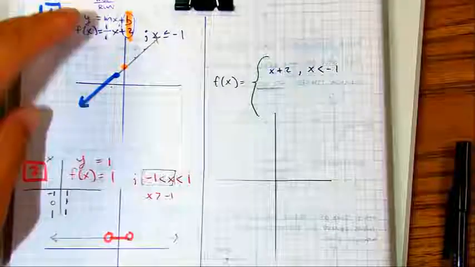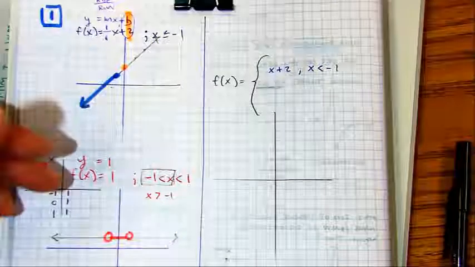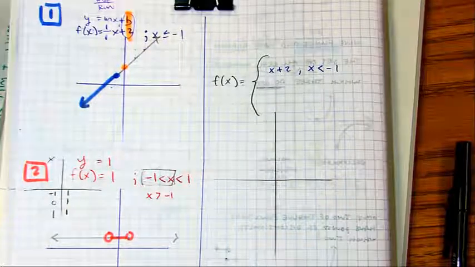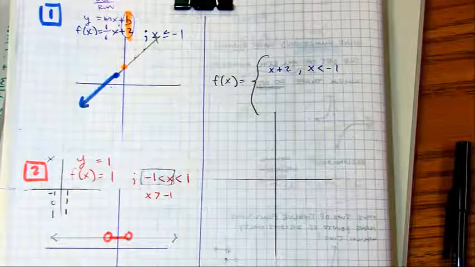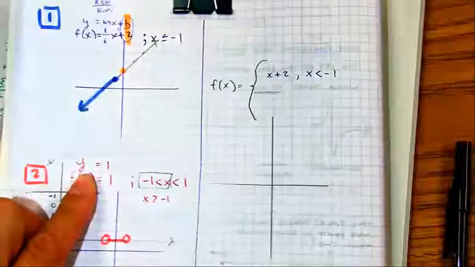You graphed 3 different functions separately, but now you're going to put them together, and they call these piecewise functions. Everyone say piecewise functions. They're just different pieces. So look how I'm writing this now.